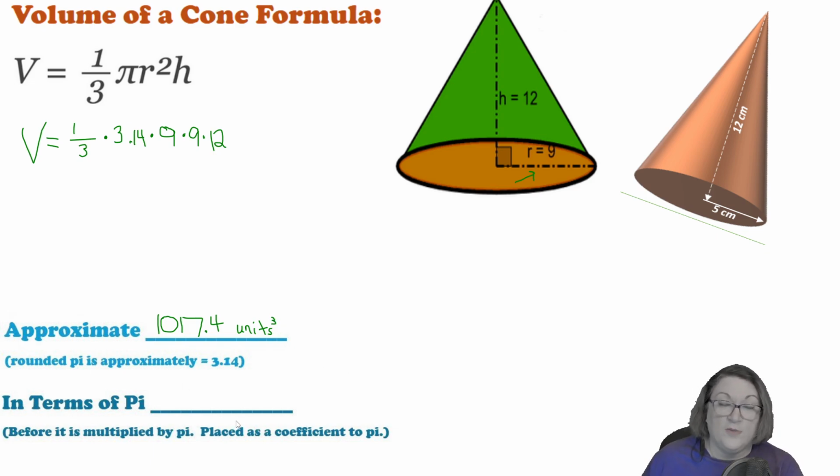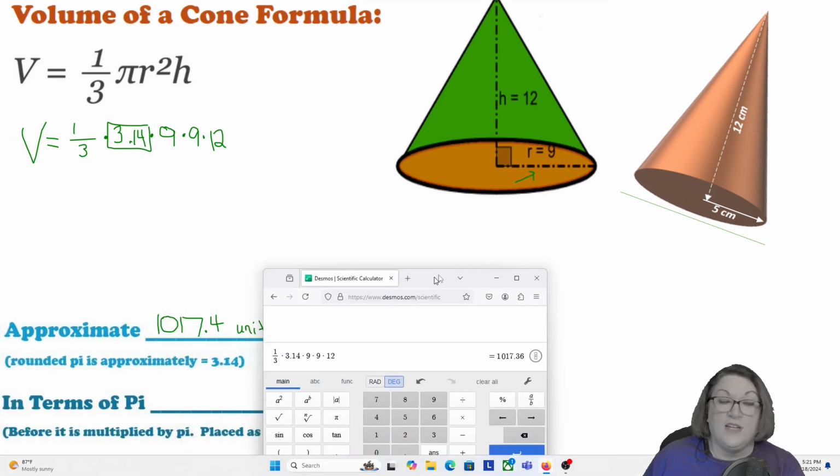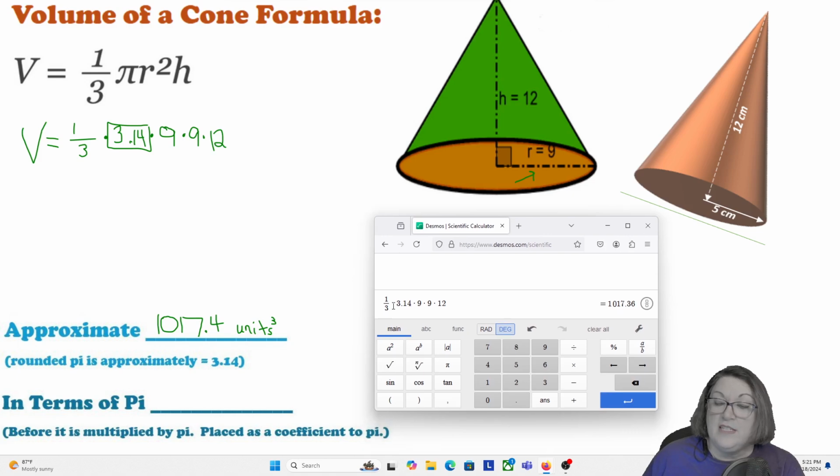Now for our in terms of pi answer, we do not do the pi part. So all of this part we do not do, but we do everything else. So what you're doing is 9 times 9 times 12 times 1/3. And if you take your Desmos calculator and you just take out the pi part, you will get the answer 324.